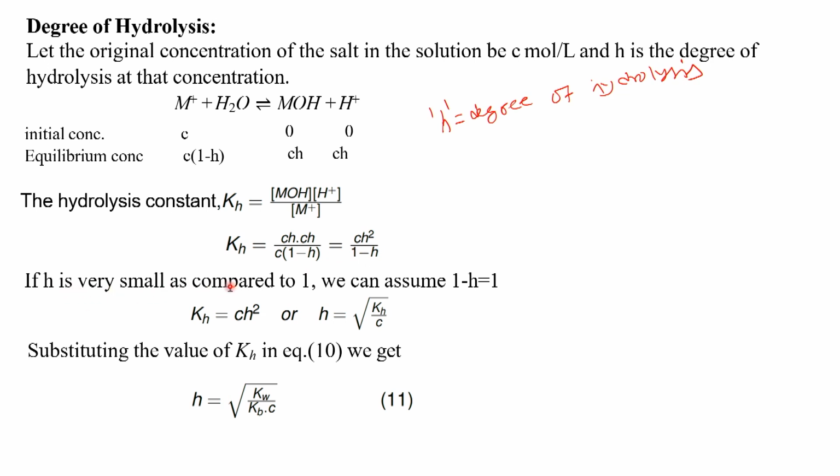Since h is very, very small as compared to 1, we can assume 1 minus h equals 1, like before. So we get Kh is C times h squared, and from there we can calculate the degree of hydrolysis h. So h is the square root of Kh by C. Now if we substitute the value of Kh, we get h is the root over Kw by Kb times C.